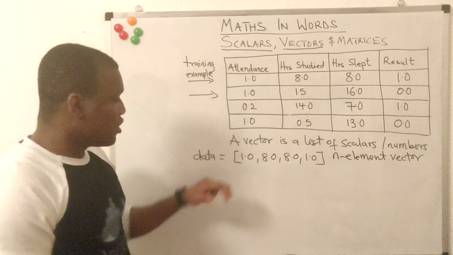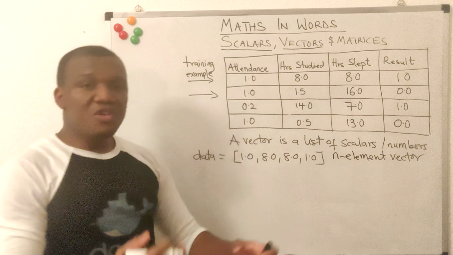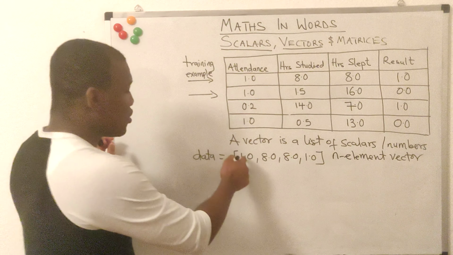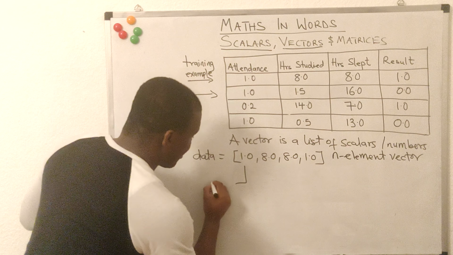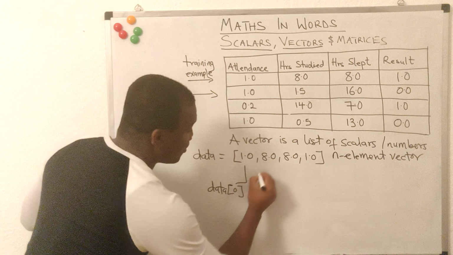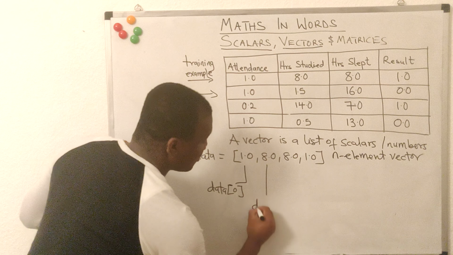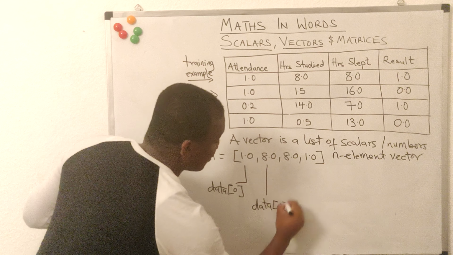And in Python, you can access each element of the vector using its index. So the first one here is going to be data[0]. This is going to be data[1].